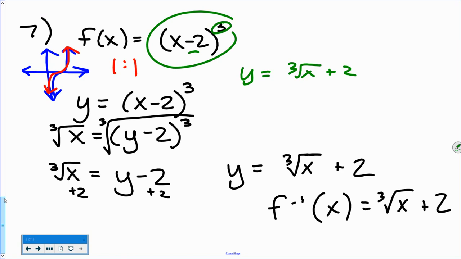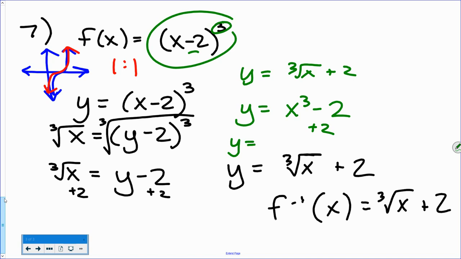Moral of the story right now, I'm not collecting your work. I would have students try to show me a few steps like this on a test when they're physically turning it in. So I want to see that work, and it doesn't take that long to do. But for the most part, you're probably doing some of that in your head. Just be careful if I gave you a problem like y equals x cubed minus 2, just notice that that is different because I'd have to add 2 first and then do the cube root.